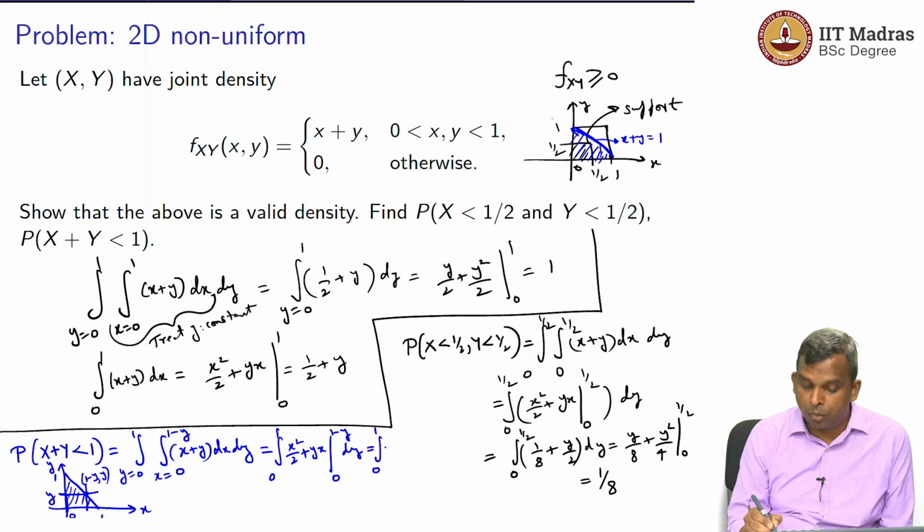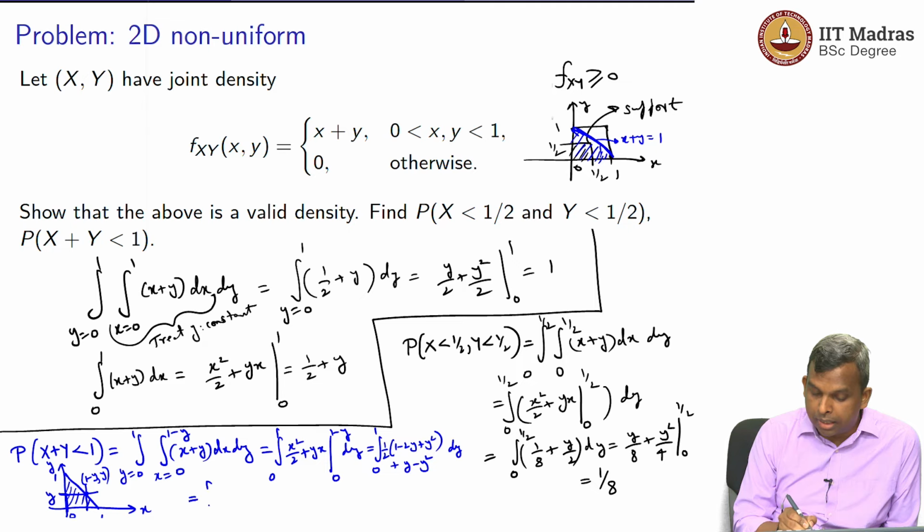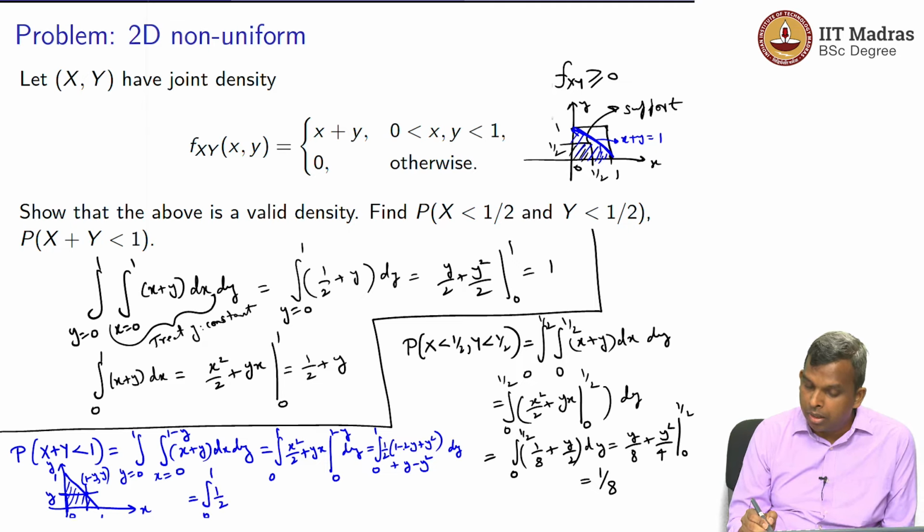So let's do that. You will get 1 by 2 times (1 minus 2y plus y squared) plus y minus y squared, the whole thing dy. And that will work out as the integral from 0 to 1 of: the constant term is half, minus y plus y will cancel, so the y term will disappear, we will have a plus y squared by 2 minus y squared, which will be minus y squared by 2, dy.